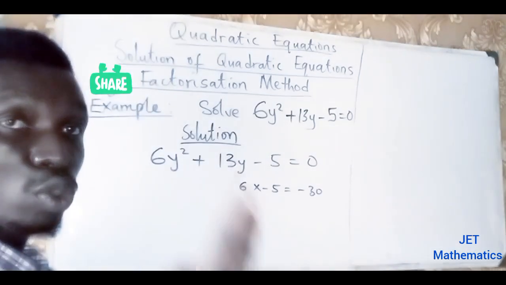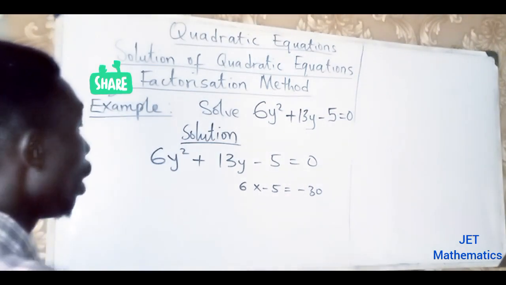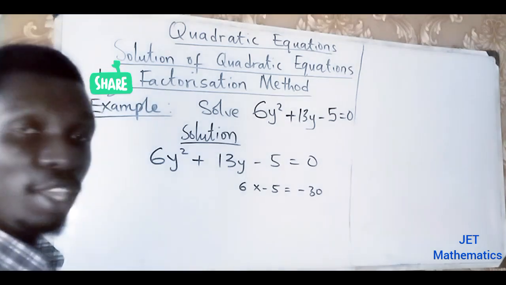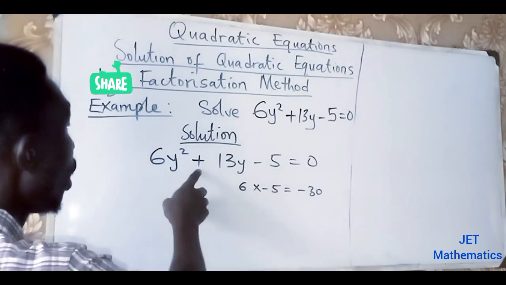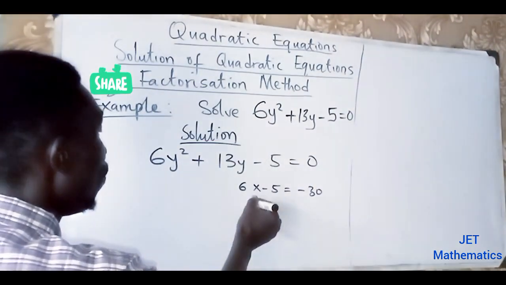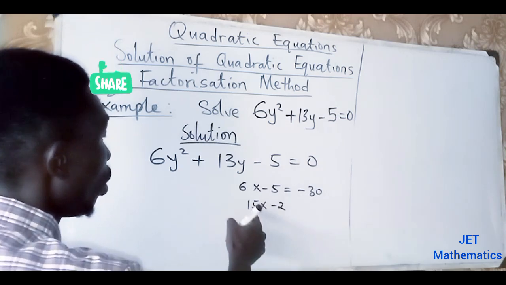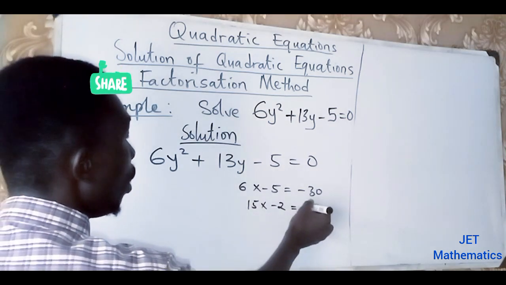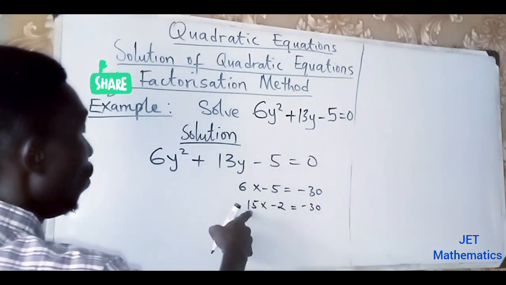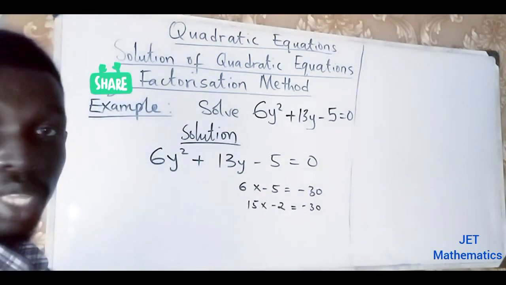Now we are going to look for two numbers such that if you multiply them, you get minus 30, and if you add them up, you get plus 13. Quickly, we have 15 times minus 2. That gives me minus 30, and 15 plus minus 2 gives me plus 13.